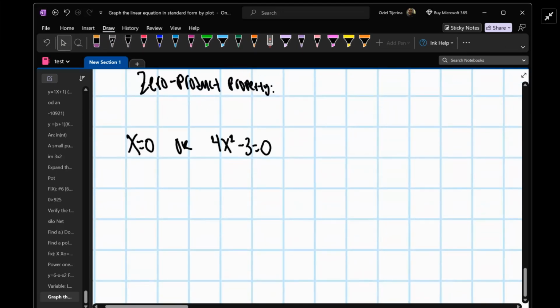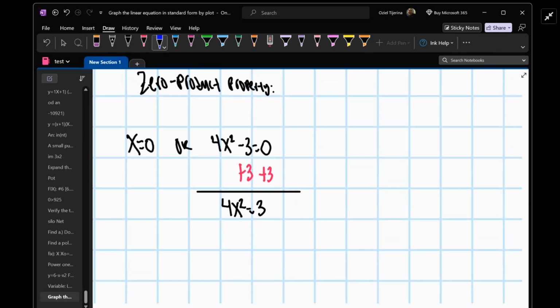And so then we're going to go ahead and add 3 to both sides. Here we have 4x squared equals 3, and then we're going to divide by 4.